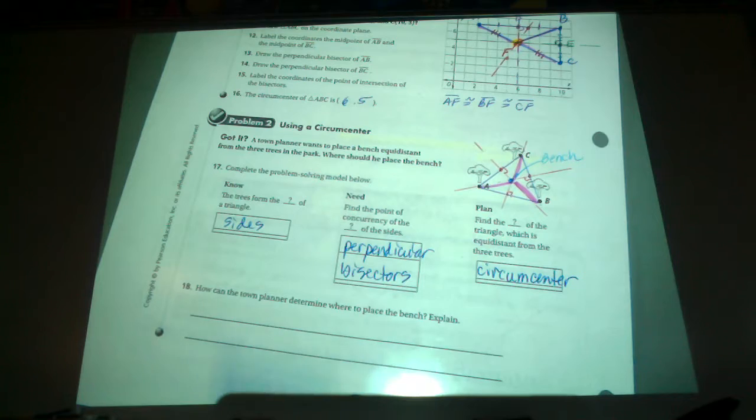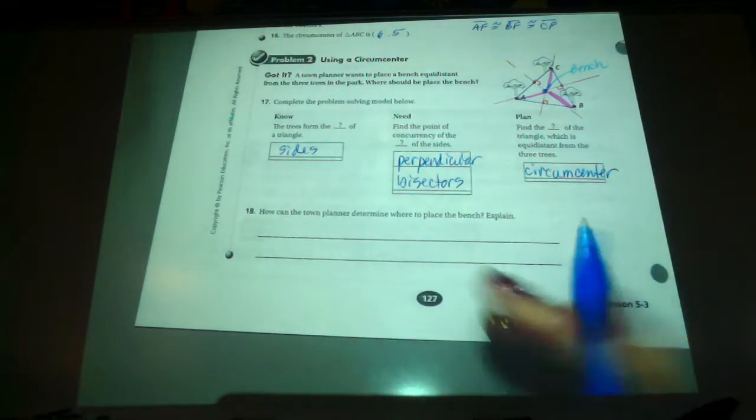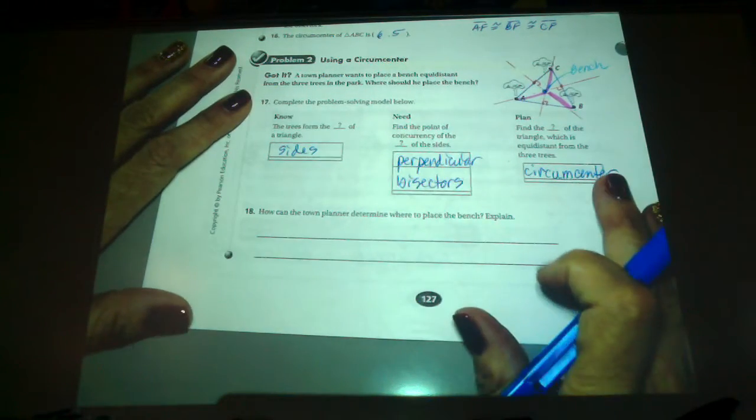And so we've already talked about in words how to find that, but your Common Core is really good at explaining. So we're just going to take all of that and just explain it.